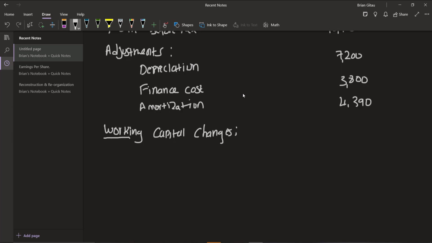Recall from our lessons that we said working capital includes current assets and current liabilities, but for the purposes of cash flow statements, we are going to ignore cash at bank, cash and cash equivalents, and bank overdrafts. So the items we are going to look at are inventory, whether it's an increase or a decrease, receivables and payables.